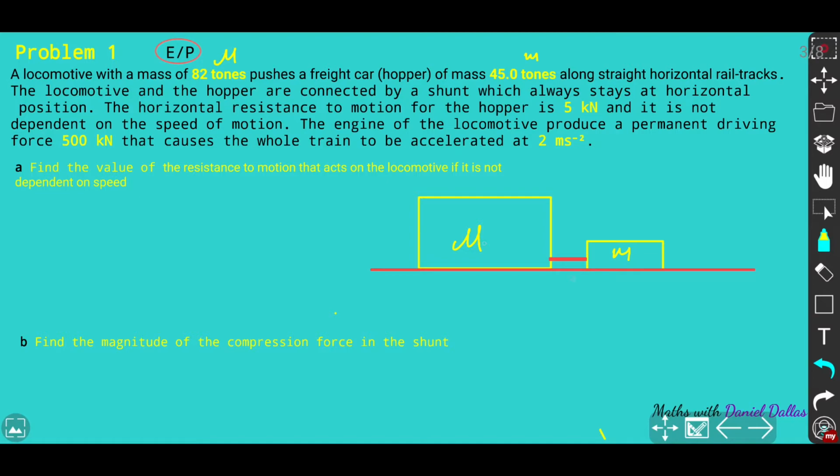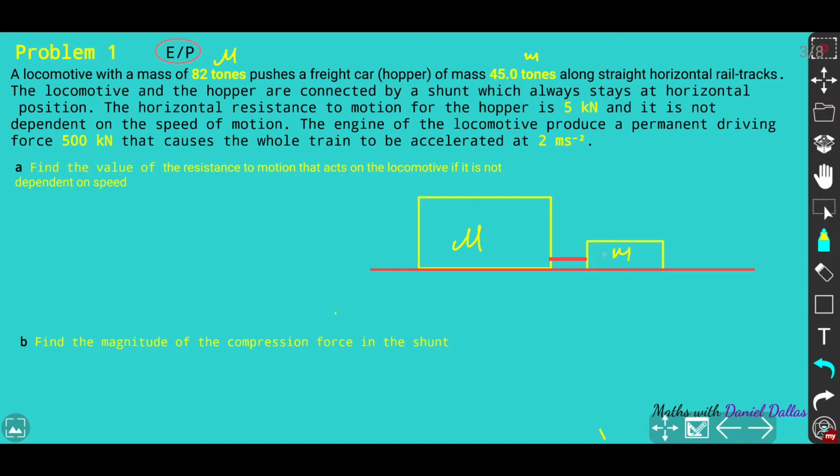That means we don't take into account the extensibility of this thread or shunt itself, and we're going to use a negligible mass. So that allows us to apply the model of connected particles for two objects, the locomotive with a greater mass M and the hopper with a small mass m.